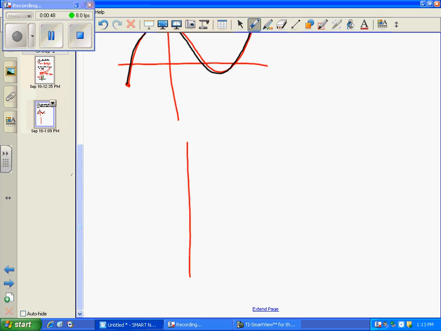Consider this next graph. Here's a picture of it. If you were to attempt to do the same thing on this graph and you started tracing over it, you'd eventually reach this point, which corresponds to some x value down here on the x-axis.